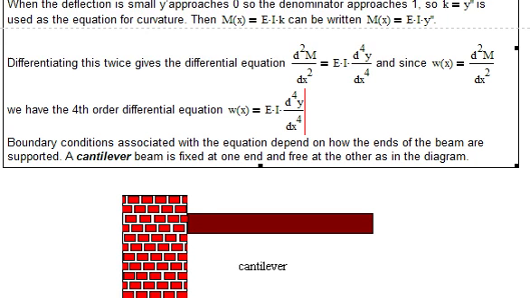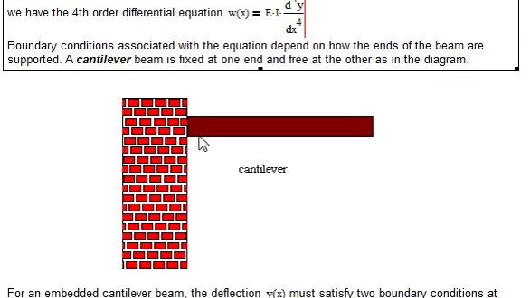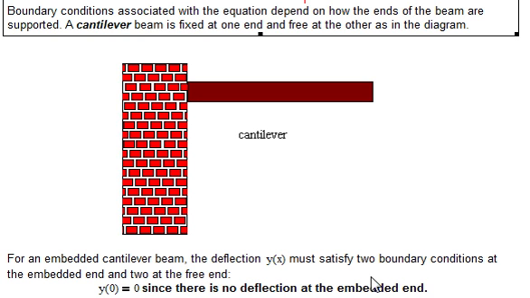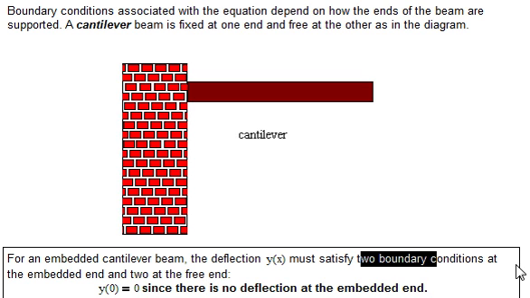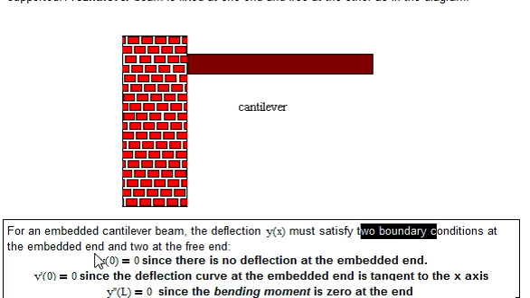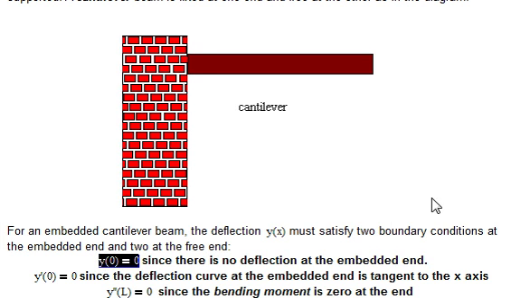So, what's called a cantilever beam is when you have a beam stuck straight out. For an embedded cantilever beam, the deflection y of x must satisfy two boundary conditions at the embedded end and two at the free end. One is y of 0 equals 0, since there better not be any deflection here.